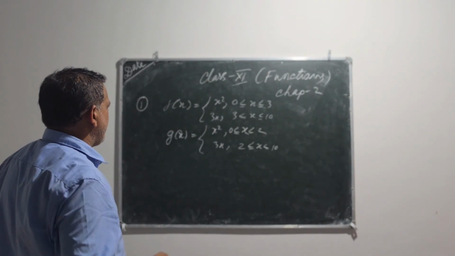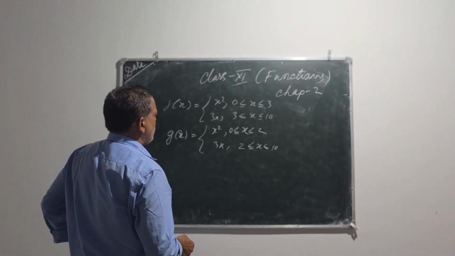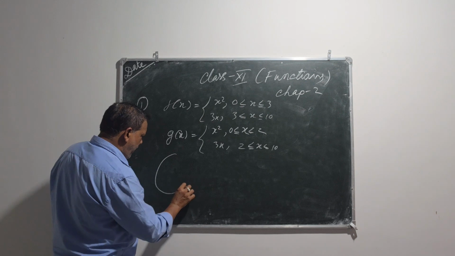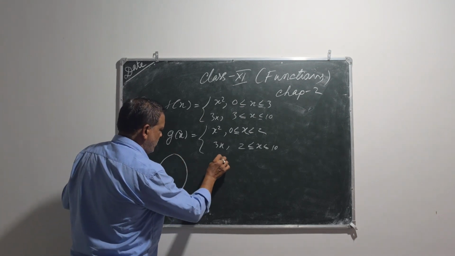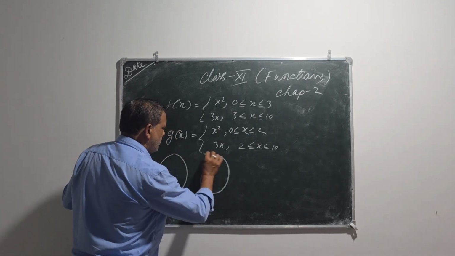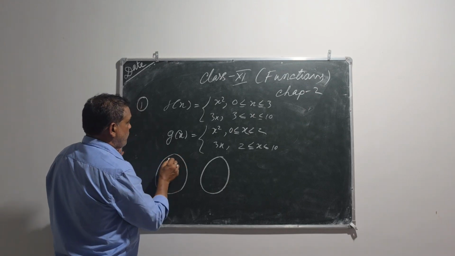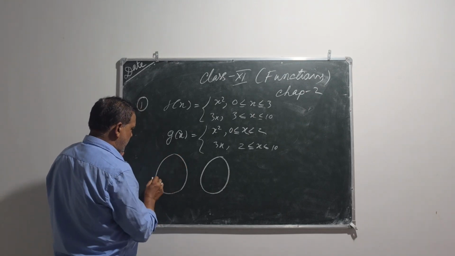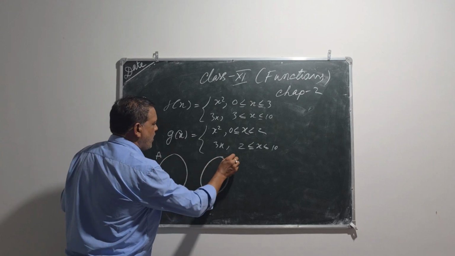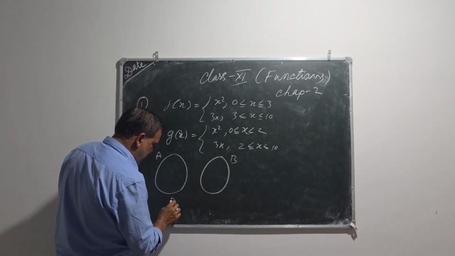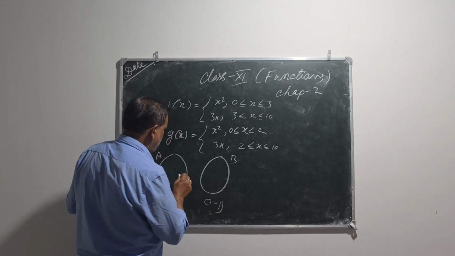So according to the definition of function, we know whenever there is one domain and one codomain, say for the first function, the first set is denoted by the letter A and this one is B. This one we can say the domain, this one codomain.